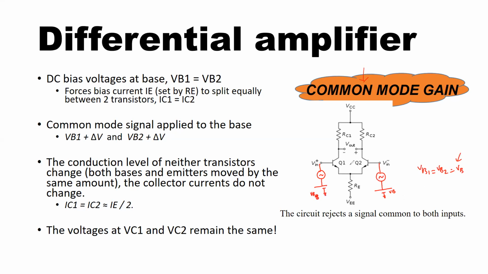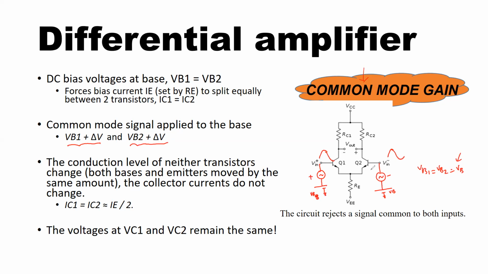So with that arrangement, you have a DC bias level VB, but on top of that you have this positive-going signal and this negative-going signal. Your voltage levels at the bases are VB1 plus delta V and VB2 plus delta V. Both are increasing. When this goes down, this is also going down.